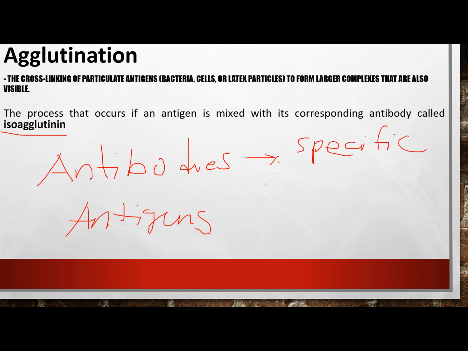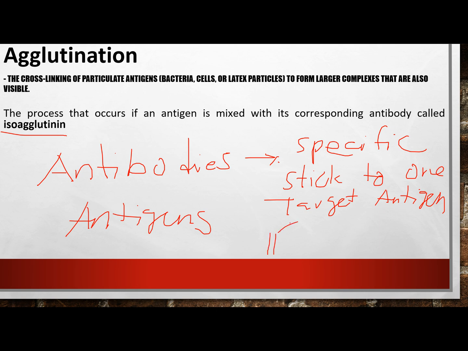When you say specific, they would usually stick to one target antigen. If it was discussed in your lecture, the appearance of your antibodies is normally Y-shaped. They are Y-shaped and have two important parts.